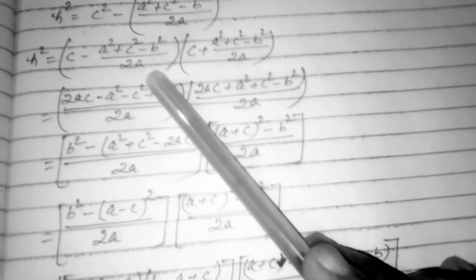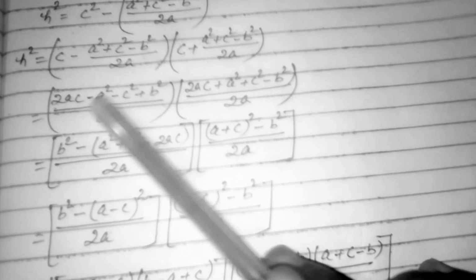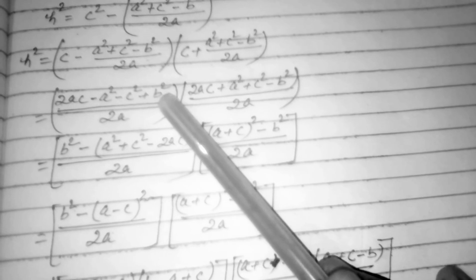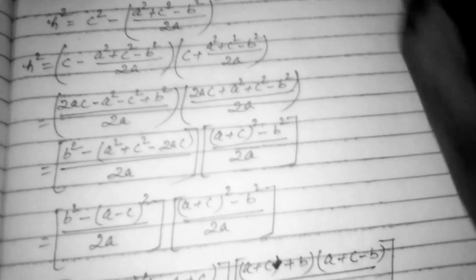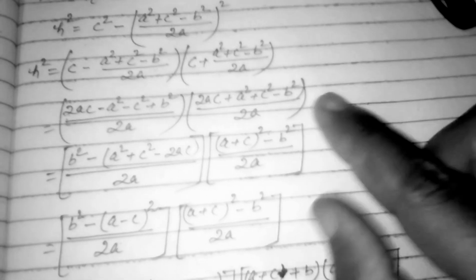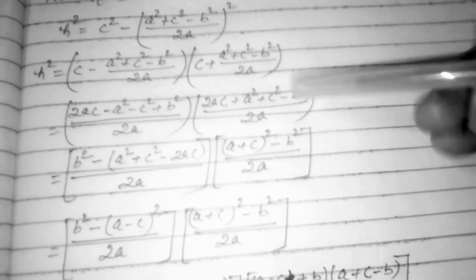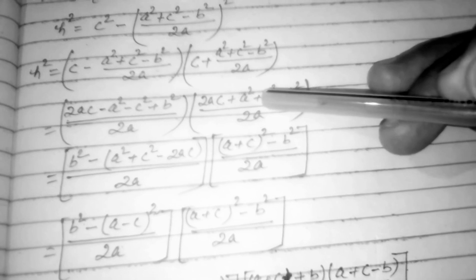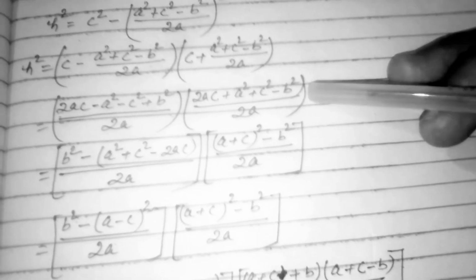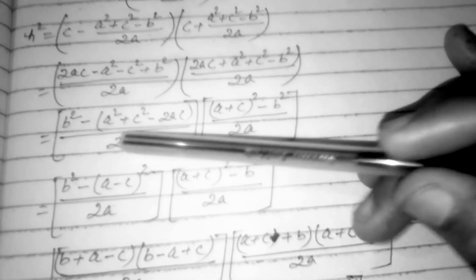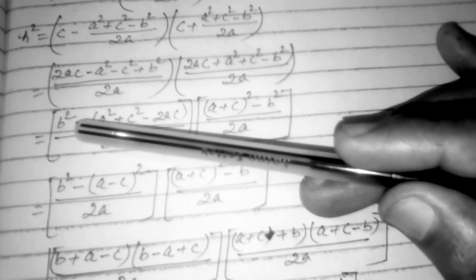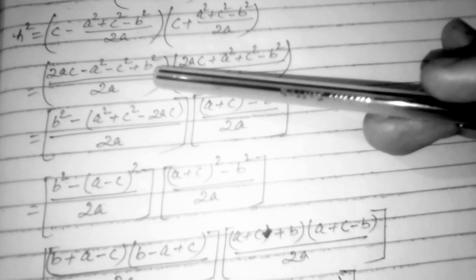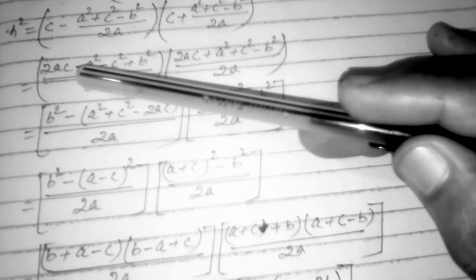Then it will be 2ac minus a square minus c square plus b square upon 2a, and it will be 2ac plus a square plus c square minus b square upon 2a. Then we can write down plus b square.